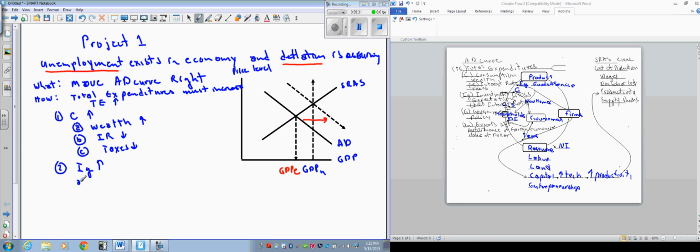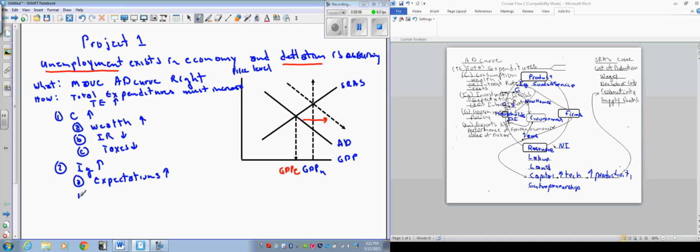The first thing is expectations. People invest money depending upon their expectations. So if your expectations of future profits from your investment increase, you will invest more, total expenditures go up, AD curve moves to the right.